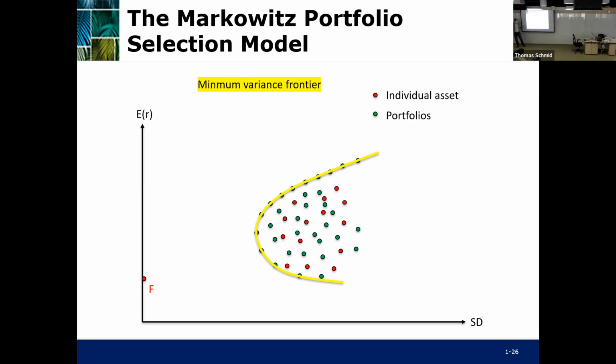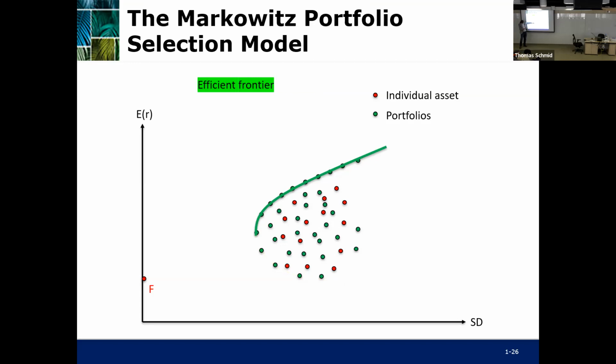We can directly see that not all portfolios on this minimum variance frontier are good investments. Because similar to what we said before, only the portfolios on the upper arm here are efficient.